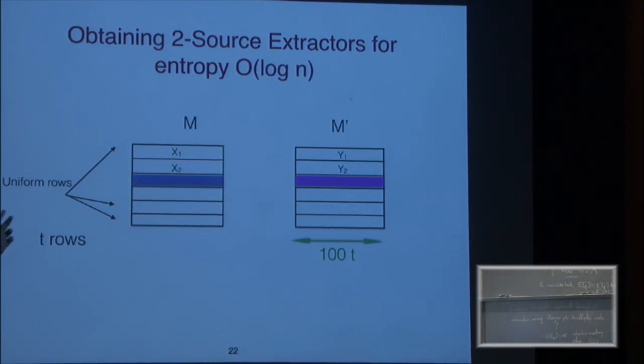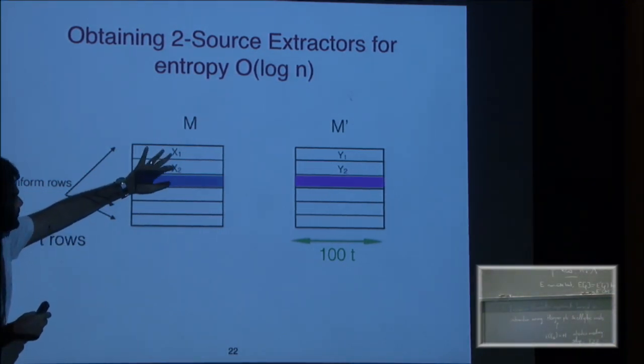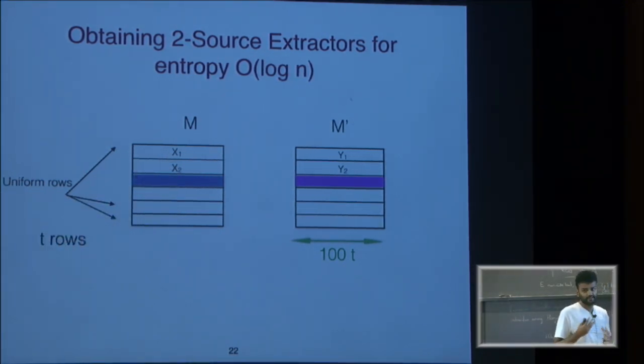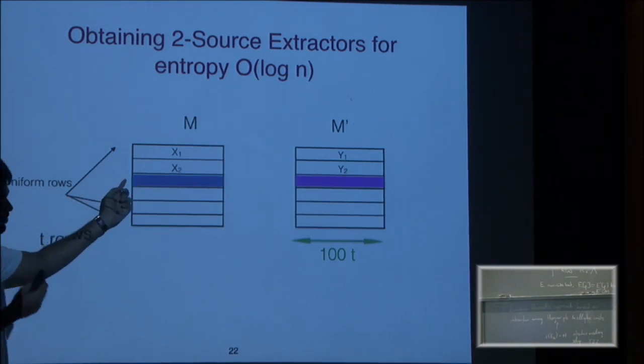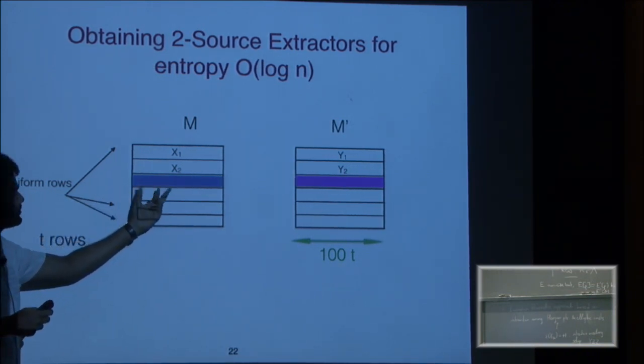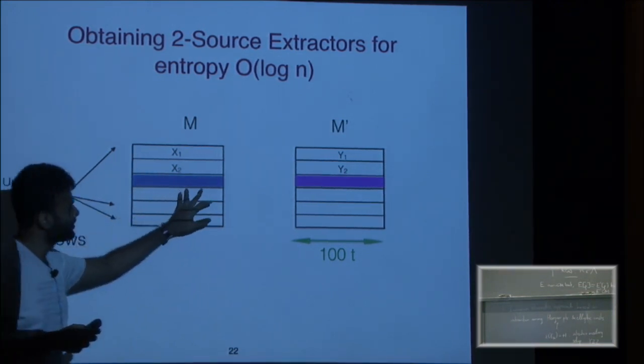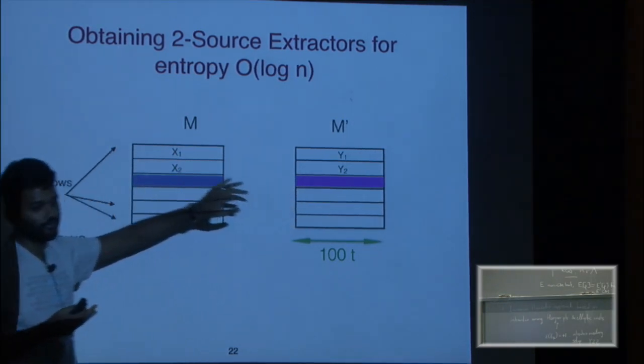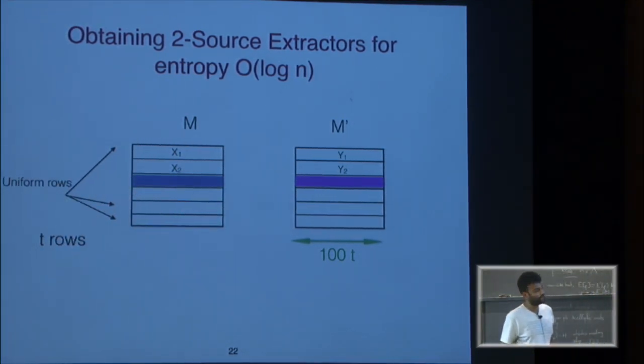Each of these xi's, their marginal distribution, each xi is uniform. And further, there is some row, and you do not know which row it is, such that xi conditioned on yi is uniform.